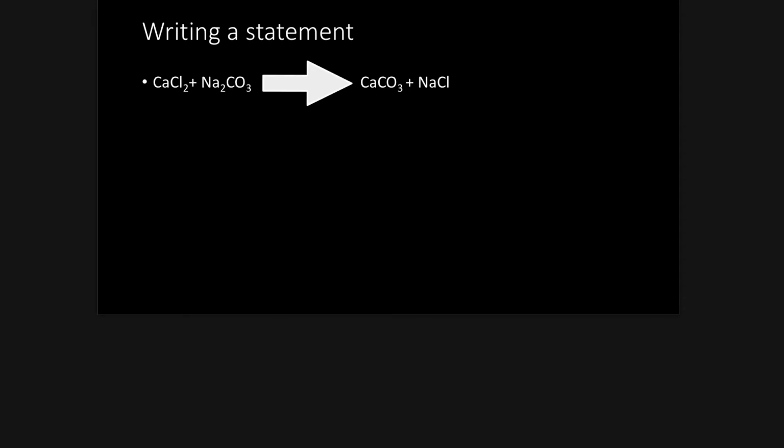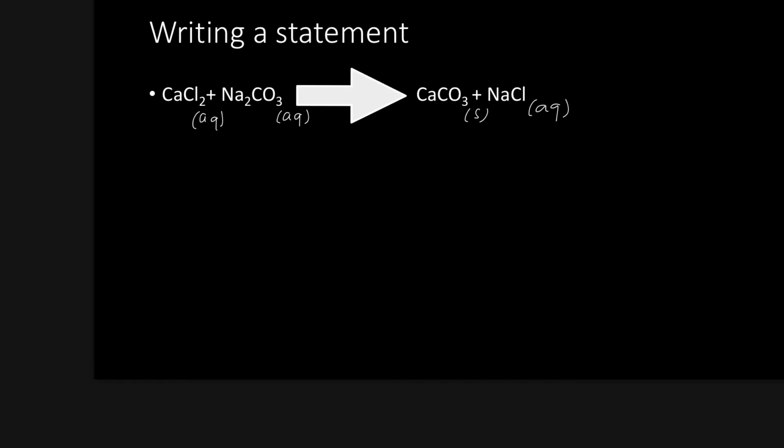In this next problem, you have to learn how to write a statement. Forgive me for my comically large arrow, but I couldn't figure out how to make it small. So anyways, we'll work with what we have. In this case, you have CaCl2 plus Na2CO3 yields CaCO3 and NaCl.